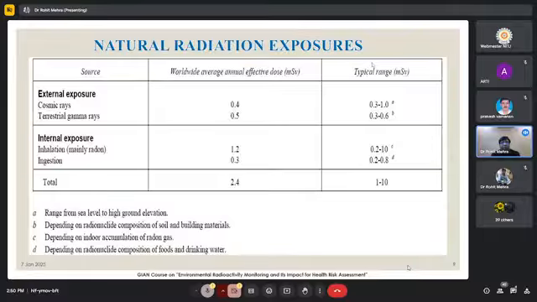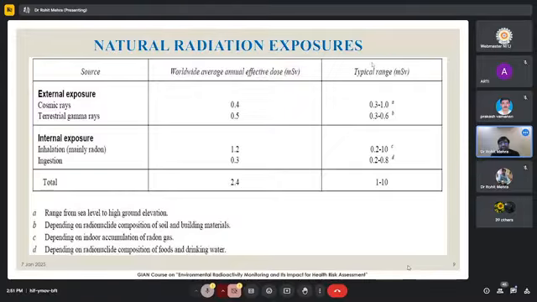This chart gives you an idea which you might be very much aware of now: the worldwide annual effective dose from external exposure is around 0.9 millisieverts, out of which 0.4 comes from cosmic and 0.5 from terrestrial gamma rays.